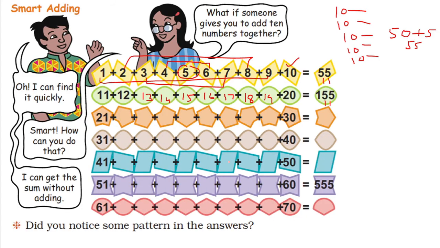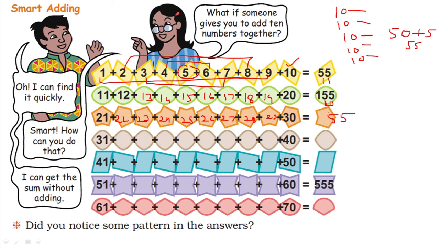Now come back. So this sum is 155. And when we add 21, 22, 23, 24, 25, 26, 27, 28, 29, and then 30, now it is clear in this pattern addition, this 55 will be there, 55 plus 55.